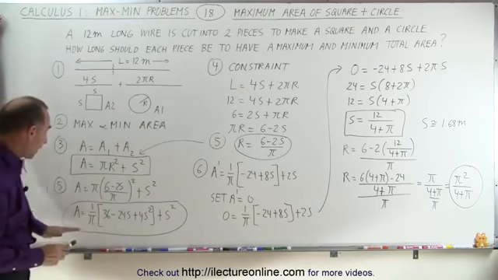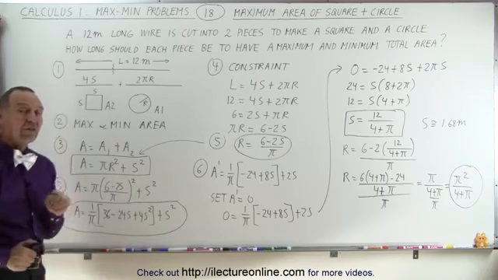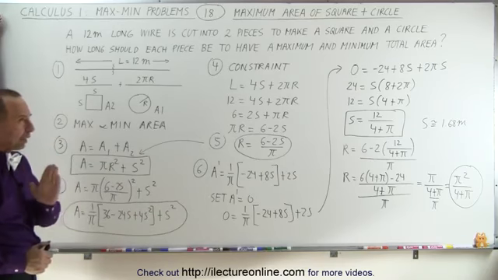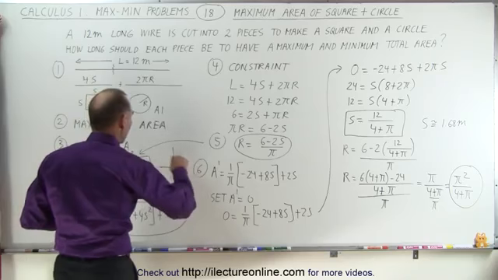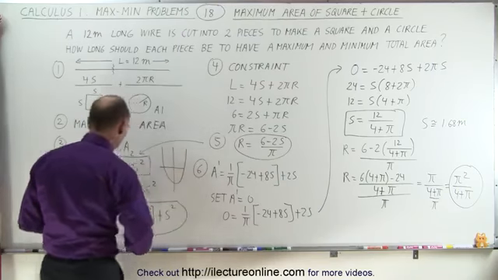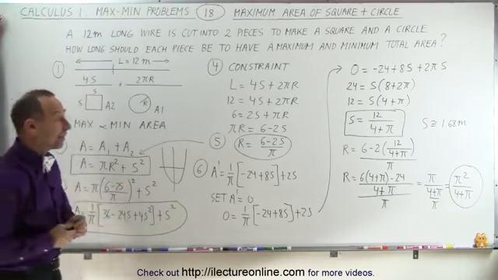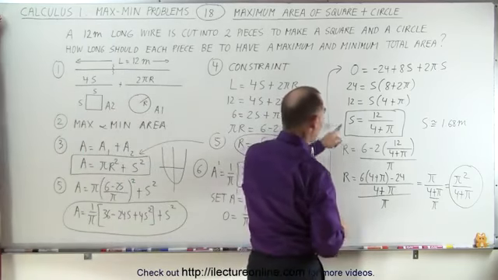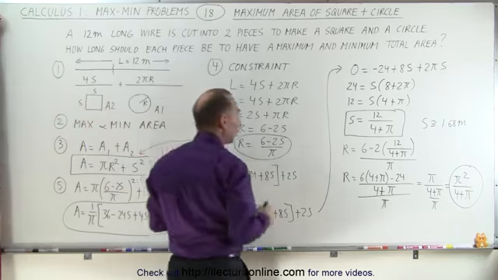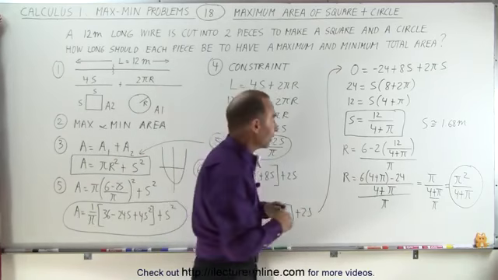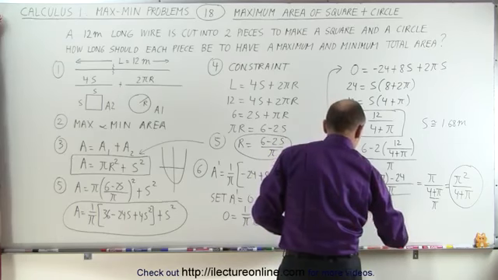Notice this is a quadratic equation where the square terms are both positive, that means we have a parabola that opens upward. And so since we use that equation to find r and s, these are the values for r and s, which indicate the sizes of the square and the circle, that will give us the minimum value of the area. So this gives us a minimum value.